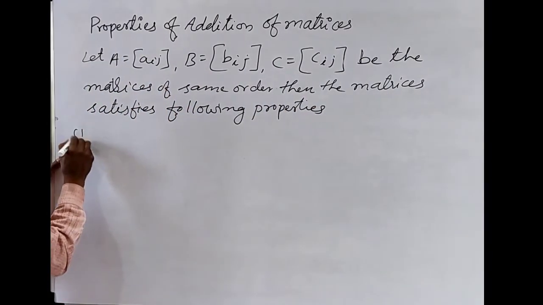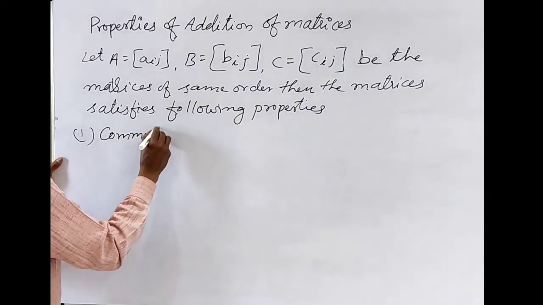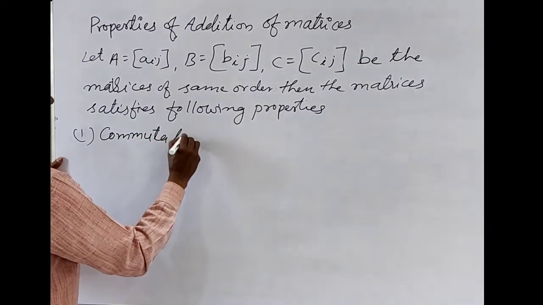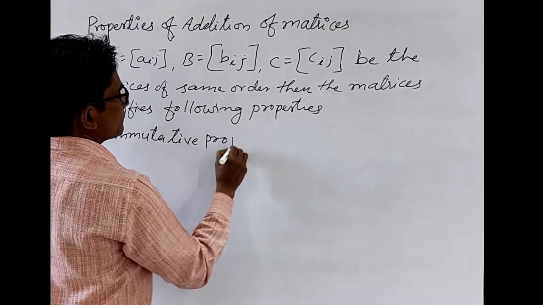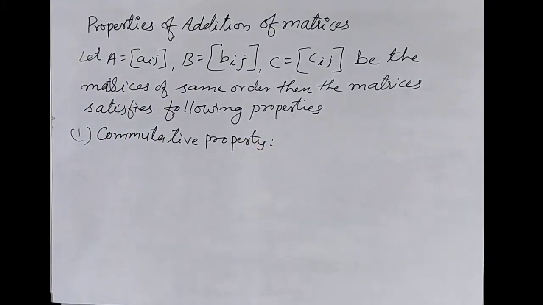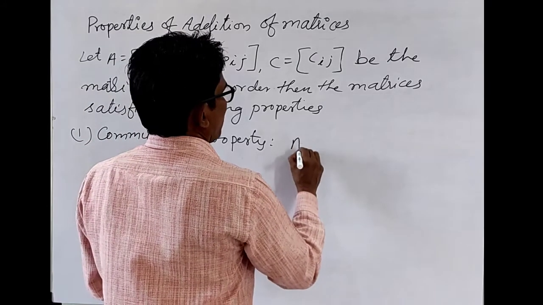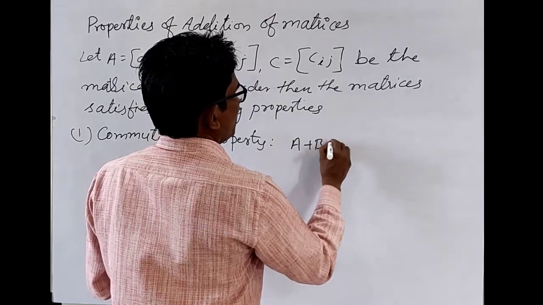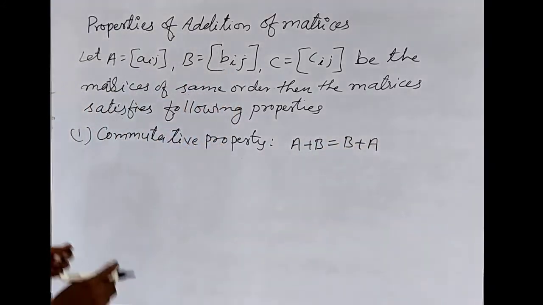So the first one is the commutative property. So what is the commutative property? A plus B is equal to B plus A. This is the commutative property.